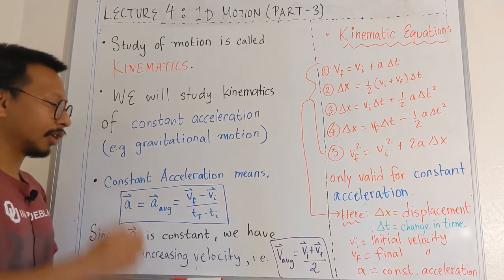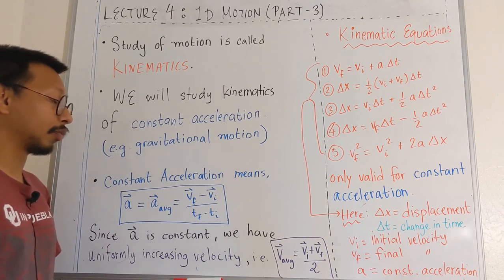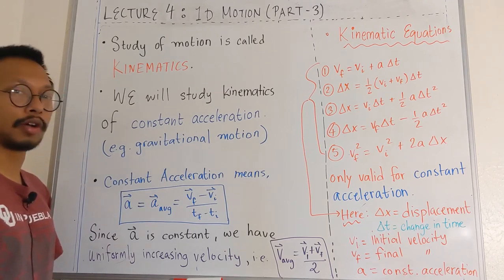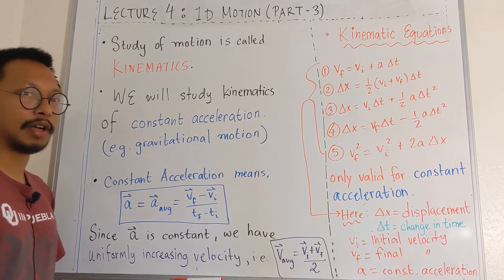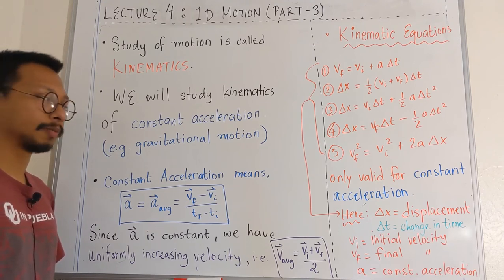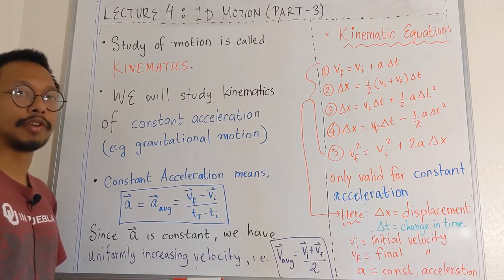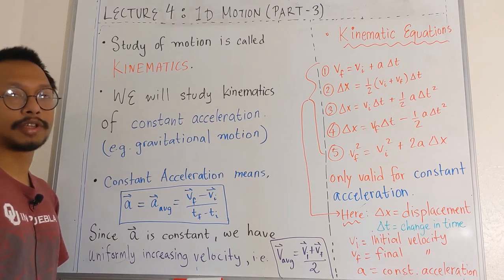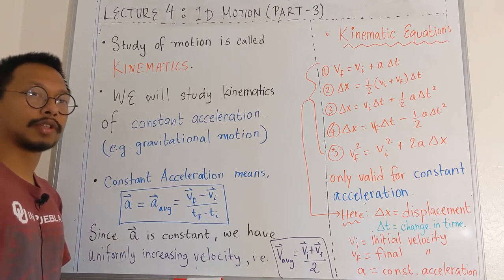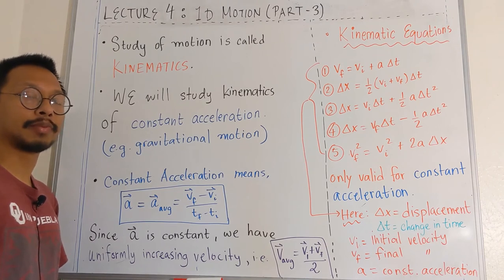Another equation that we can use for constant acceleration is that if the acceleration is constant, that means velocity is increasing uniformly. What does uniformly increasing velocity mean? Well, the velocity change in equal periods of time is the same.